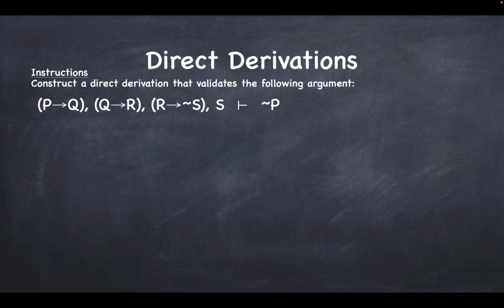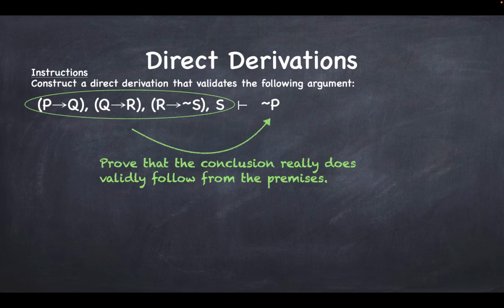And what you'll be asked is to construct a derivation that validates that those sentences really do syntactically imply that sentence on the right. And that's just another way of saying prove that that conclusion really does validly follow from those premises in a particular rigorous way.